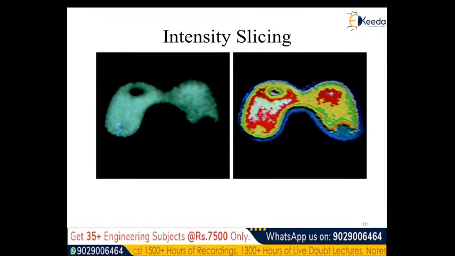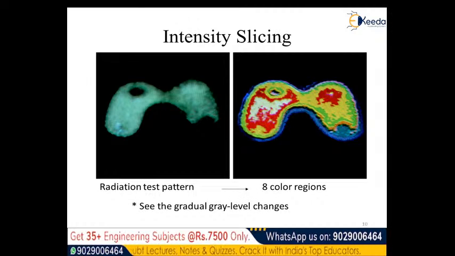And in figure B on the right hand side, it is the result of intensity slicing of the image in 8 different colors here. You see the gradual gray level changes as you find on the right hand side. So we have the 8 different colors here.